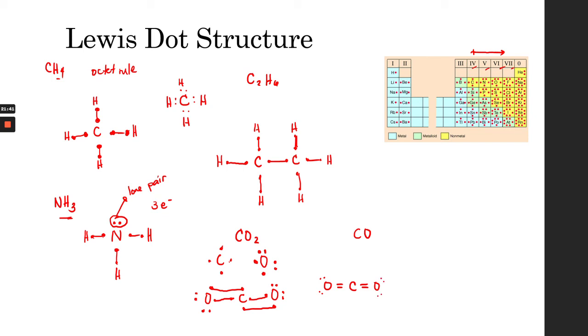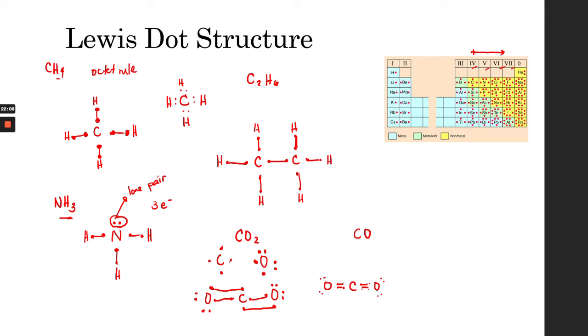And we can count, since everything is above the fourth group, whether it fulfills the octet rule. If we take this carbon, let's count 1, 2, 3, 4. So that's 4 electrons, 5, 6, 7, 8. So the carbon is satisfied with 8 electrons. How about the oxygen?